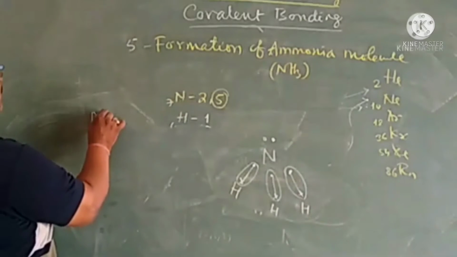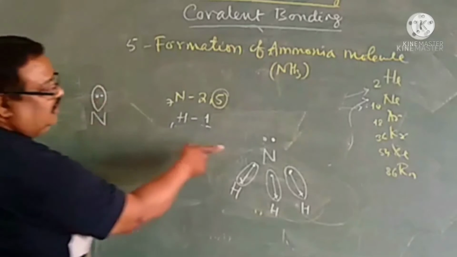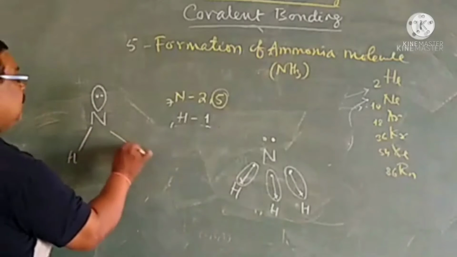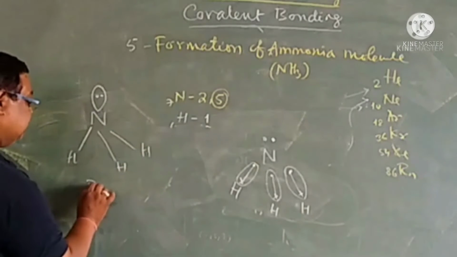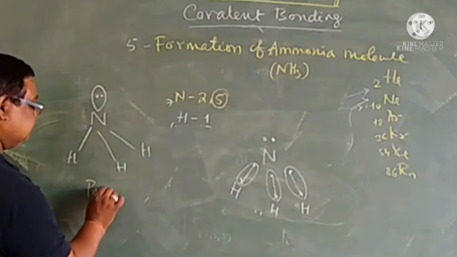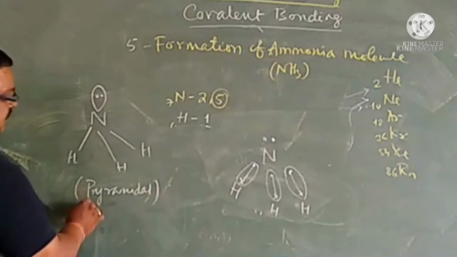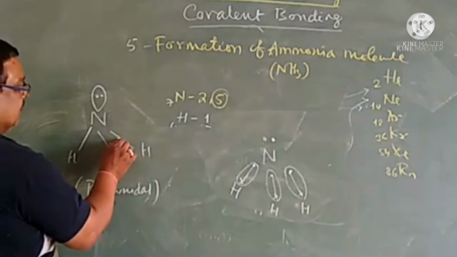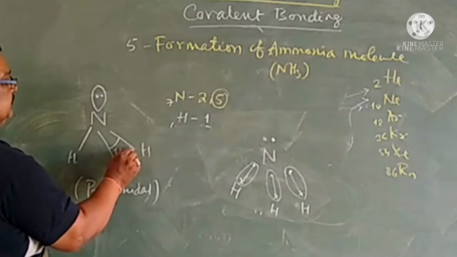And the shape of ammonia, this is called the lone pair of electrons which has not taken part in bond formation, and these are bond pairs, and the shape is called pyramidal shape, or it is also called distorted tetrahedral shape, and this angle is 107 degree.